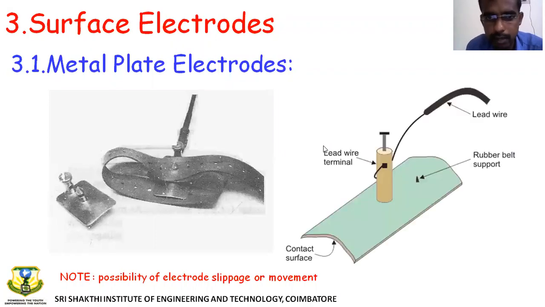This is how it looks in diagrammatic representation. This is the contact surface, the green color. The green metal will be placed on the arm and make contact with the body. There is a terminal wire which will pick up the signal. It's a simple metal. Every probe of your CRO, when you touch it, you get the signal.